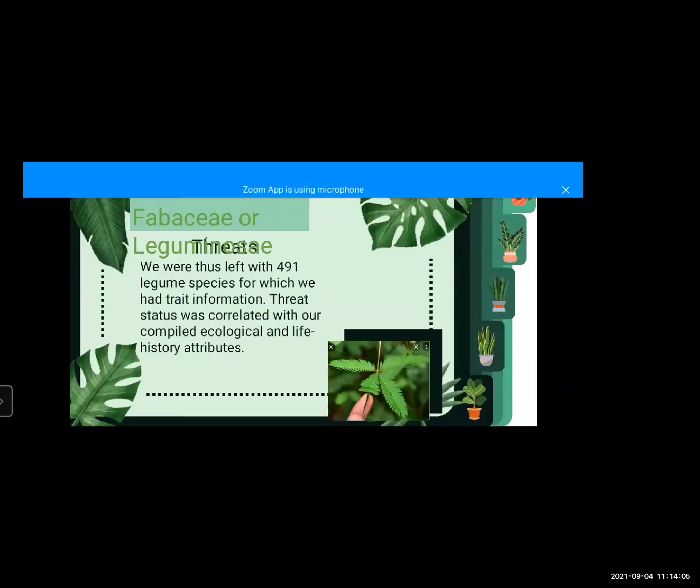Species with range ranks across our definition of threatened and not threatened indicate uncertainty in status and were removed prior to analysis. We were thus left with 401 species for which we had information. Threat status was correlated with other ecological and life history attributes.